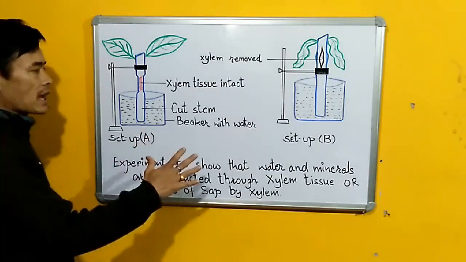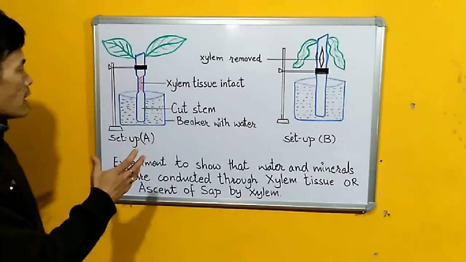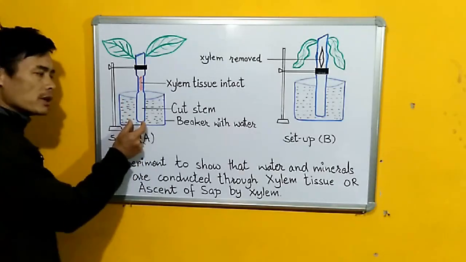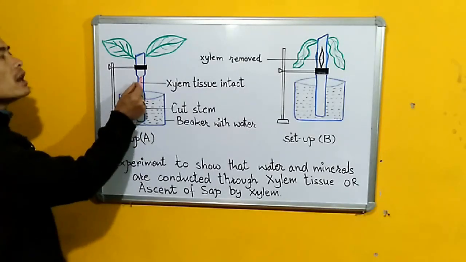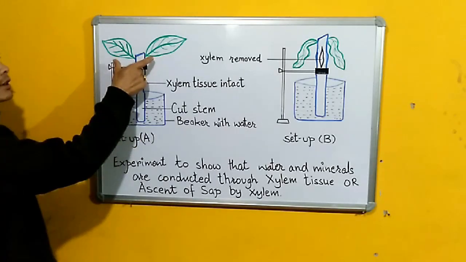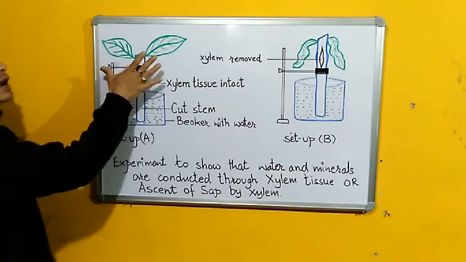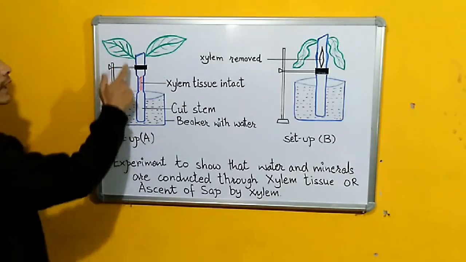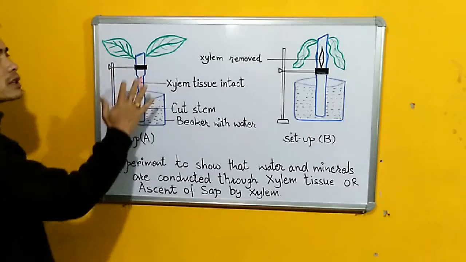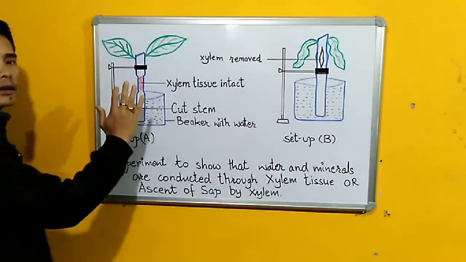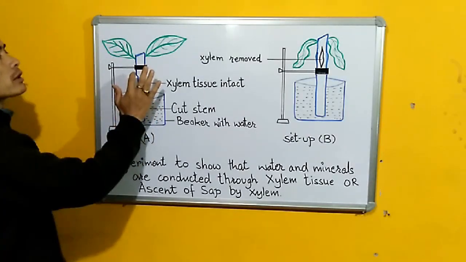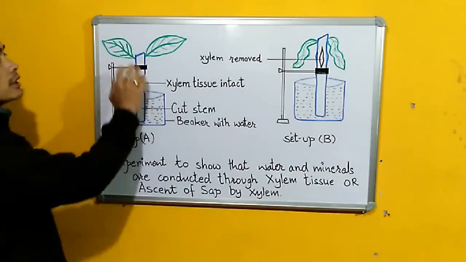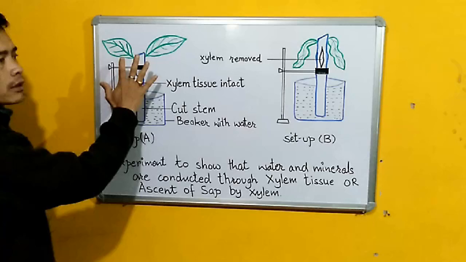After a period of time, we will find that this cut shoot, which is put in a beaker of water, will have erect, stout and expanded leaves, which proves that these leaves are continuously getting water from this cut shoot, and that is the reason it is standing erect, it is turgid.